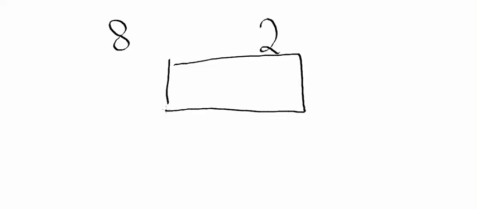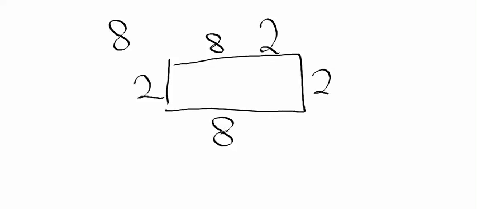Well, we know that the perimeter of a rectangle is twice the width and twice the length. So if they had just been 8 and 2 and they hadn't said to the nearest, it would be easy enough. 8 plus 8 is 16, and then add the two 2's will give us 20.